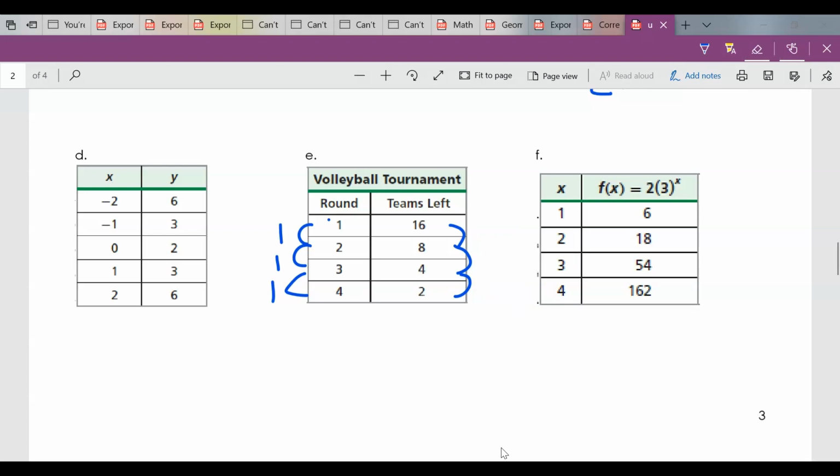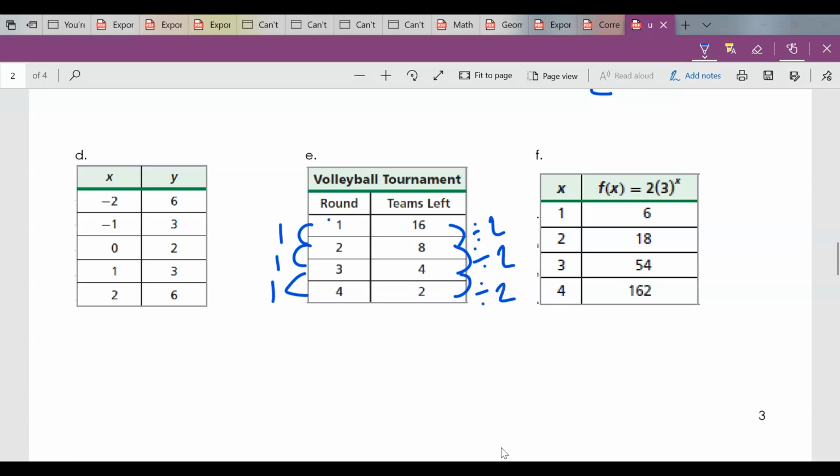And I'm going to go back and look at it the way that we've always looked at it before. What is happening here? This is one we should be able to look at and say 16 and 8. Well, 8 is half of 16. So I divided by 2. 8 divided by 2 is also 4. And 4 divided by 2 is 2.